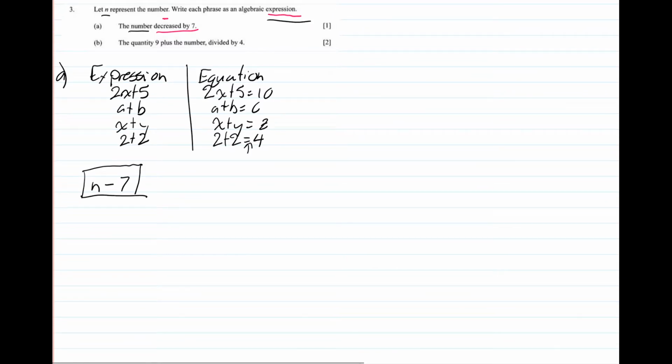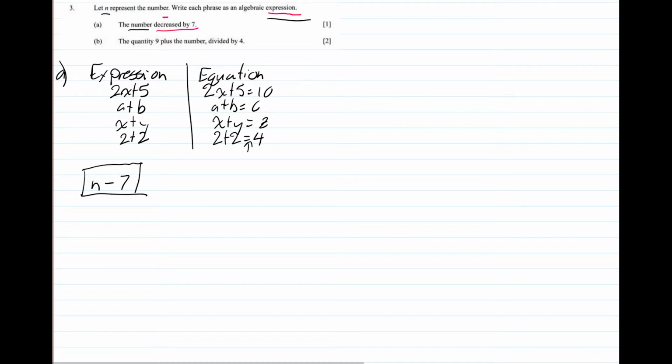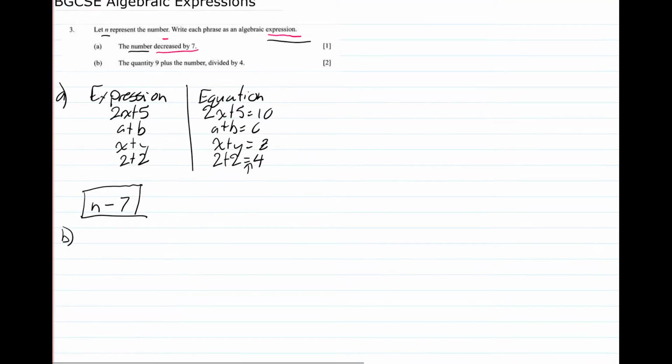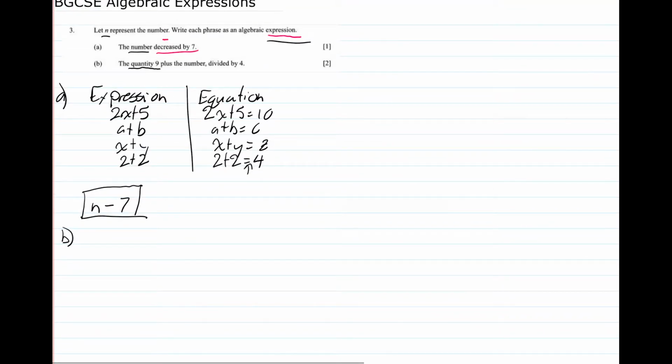So let's do another example. Part B says the quantity 9 plus the number divided by 4.